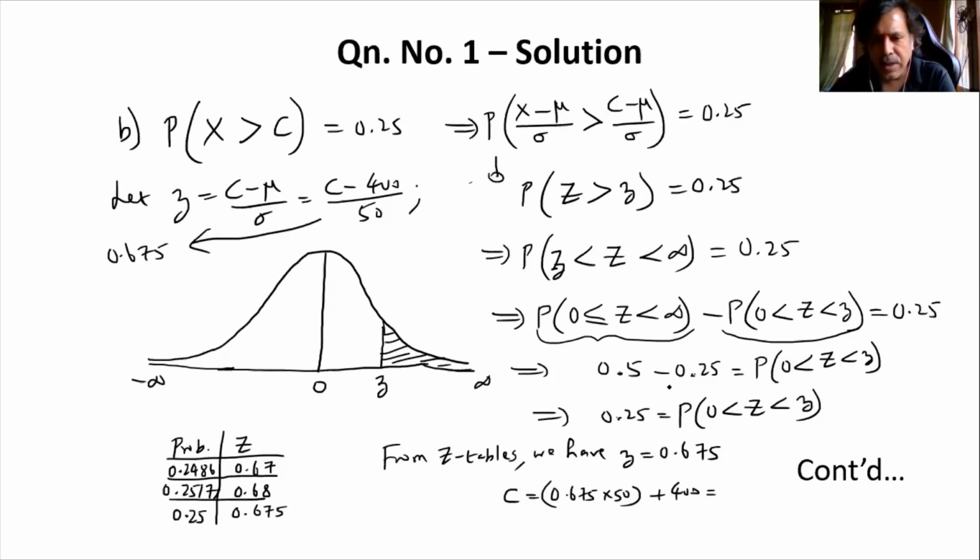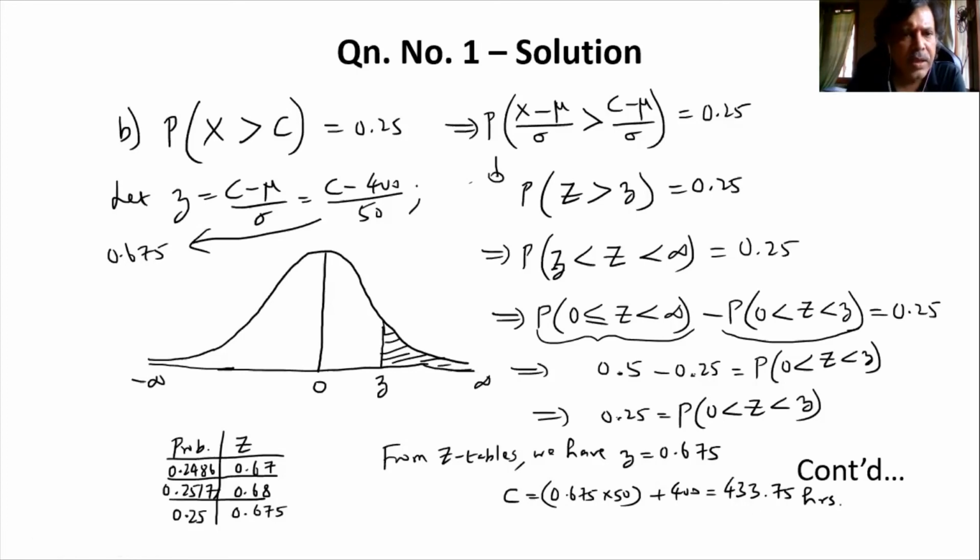So we get 433.75 hours. So that is our desired answer, the required answer. What is that C value? That C value is nothing but 433.75 hours.